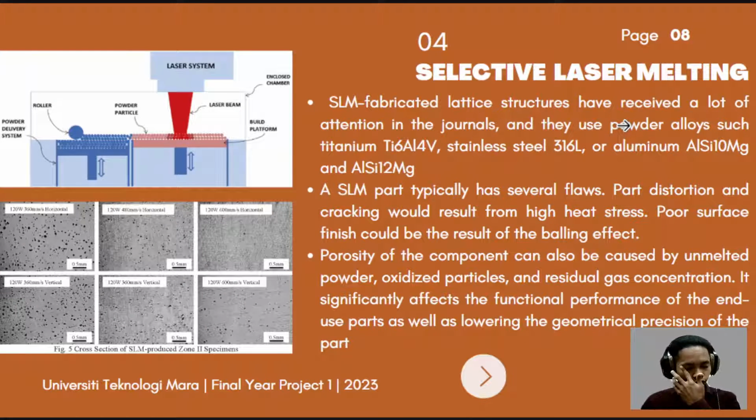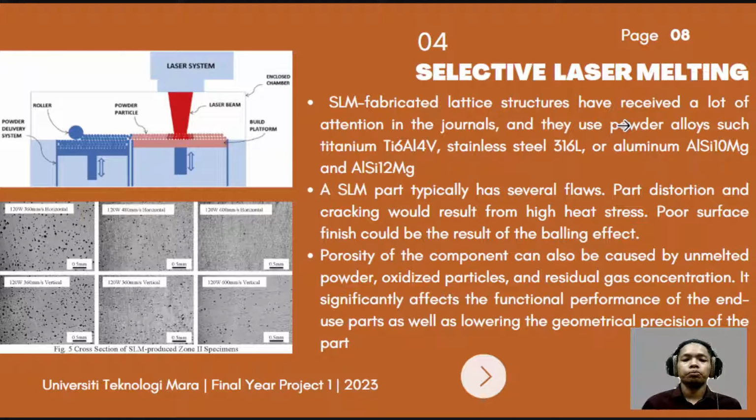The last literature review is selective laser melting. In this journal, I found that SLM fabricated lattices commonly use titanium, stainless steel, and aluminium. Those are alloys that can be found in SLM. SLM also has several flaws: distortion and cracking with high heat stress.